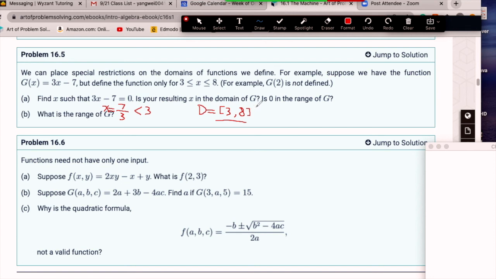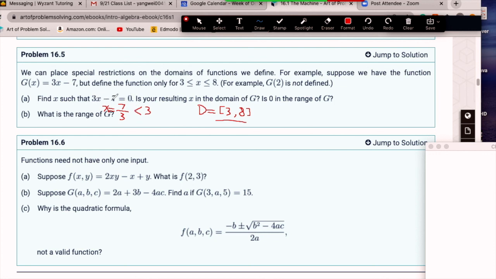Now they also ask, is 0 in the range of G? Now let's see. Definitely the answer looks like no, right? What value of x can make this value 0?